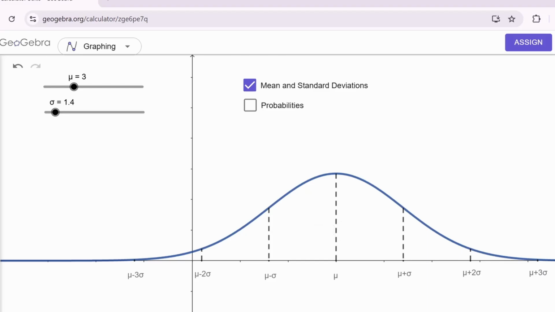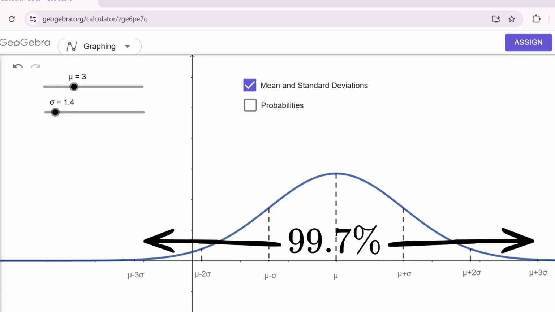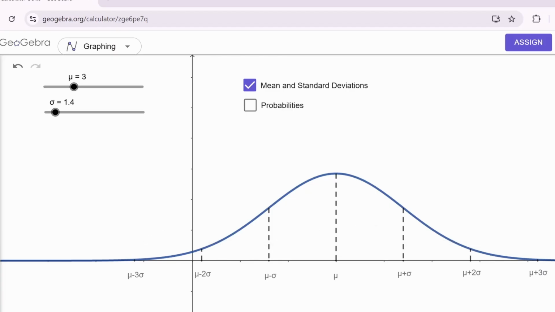Then between mu minus 2 sigma and mu plus 2 sigma, the probability of x being there, or the area under this curve, is around 0.95. And the area between mu minus 3 sigma and mu plus 3 sigma is 0.997. So 99.7% of probability of your x being between these two values.